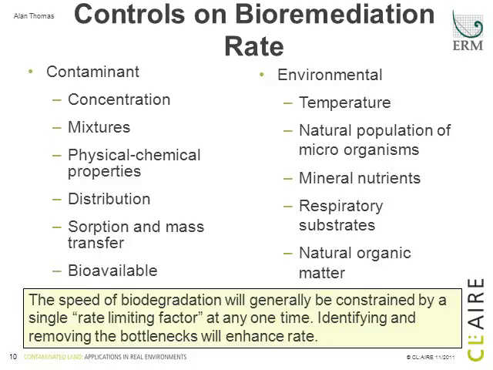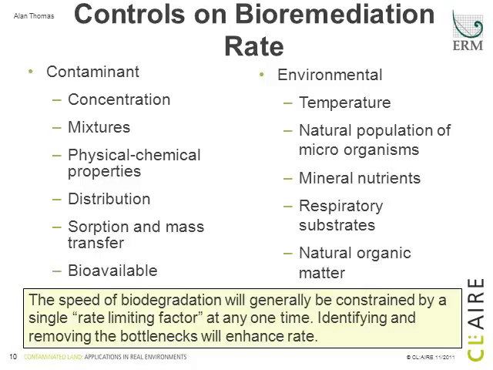The main controls on bioremediation rates in the subsurface are a mixture of environmental and contaminant-specific factors. The environmental factors are listed there, and as you can see include things like temperature, the natural population of microorganisms that may be present, nutrients, respiratory substrates, and the extent of natural organic matter as well, which may be competing in degradation rates.